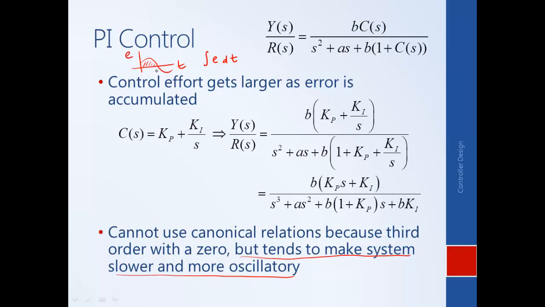So we've built up this positive area. This will still be positive even when the error changes sign. And so we have to unwind the integrator. We have to subtract off what's been built up in the integrator before we can start to push in the other direction. And so this can tend to make the system slower to react and can also tend to make it more oscillatory.